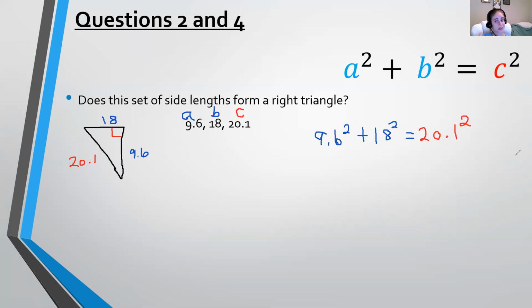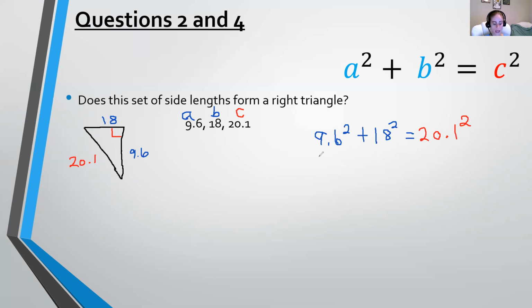Next step again is to simplify. So follow that order of operations. Do we have any grouping symbols? Nope, which means we can head straight into exponents. All right, these values are either all above 12 or they are not whole numbers, which means you do have permission to use a calculator.